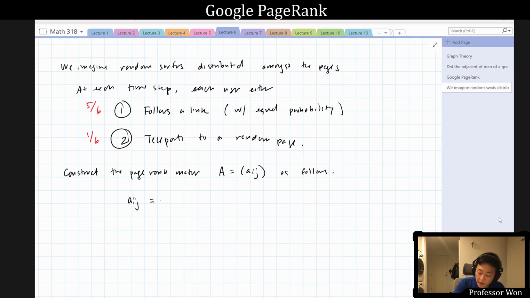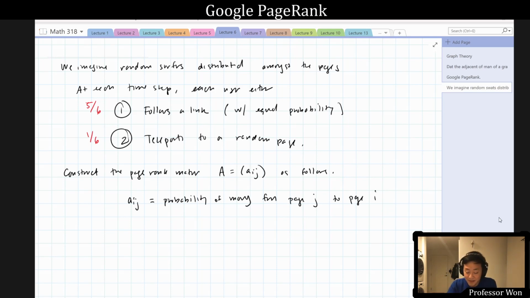We'll let a_ij be the probability of moving from page j to page i under this process. In other words, each row will represent the probabilities of landing on that page, and each column represents the probability of clicking away from that page.